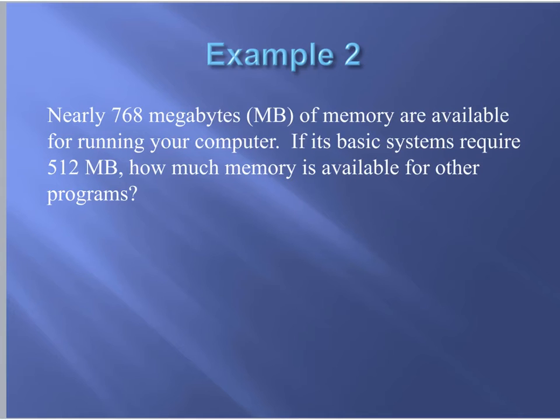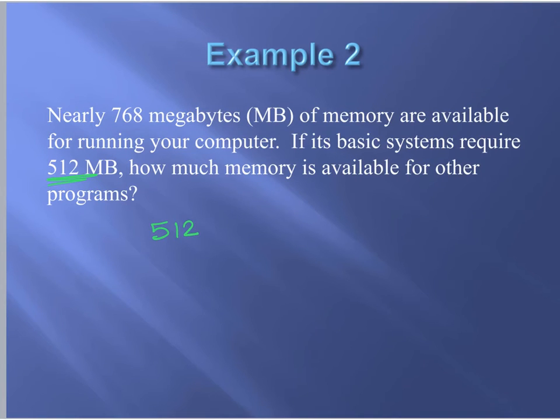For example 2, it says that nearly 768 megabytes of memory are available for running your computer. If its basic system requires 512 megabytes, how much memory is available for other programs? In order to write this inequality, we know that we're utilizing at least 512 megabytes.